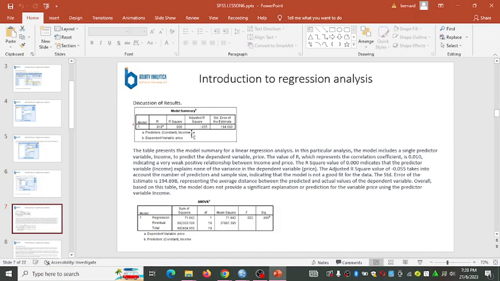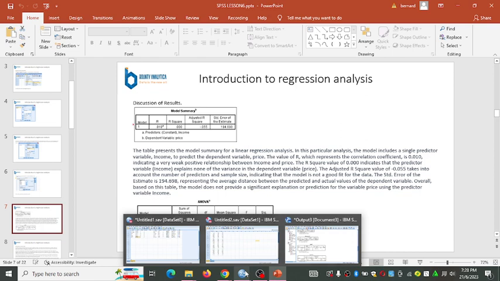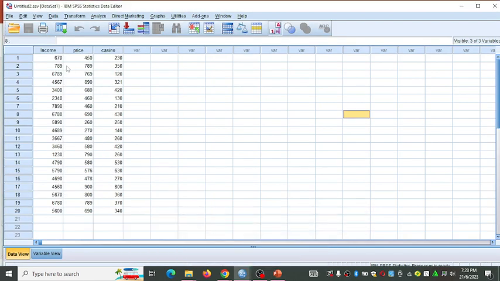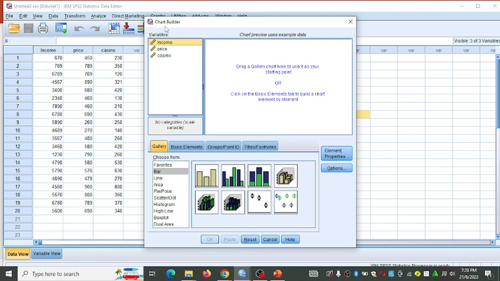So this is basically the chart that we want to interpret, and this model is a poor model, if I may say. Or we can just plot a scatter plot of income and price and see what is happening before we continue to interpret, so that you may understand what we mean by that.